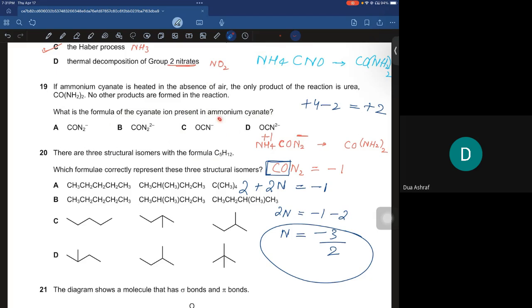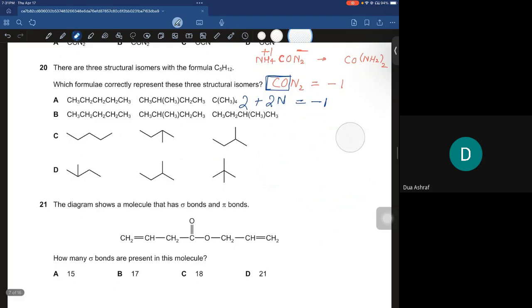With this option, the charge is balanced. In other options, this is minus 2, this is minus 2, this is minus 1, but we have two nitrogen atoms. So with options A, B, and D, the equation wouldn't be balanced. But with this one, the equation would be balanced. You are supposed to do the working, and if you fail, do let me know.